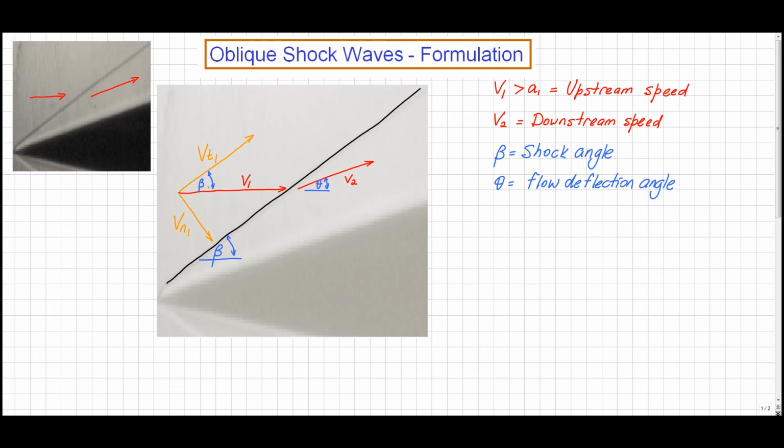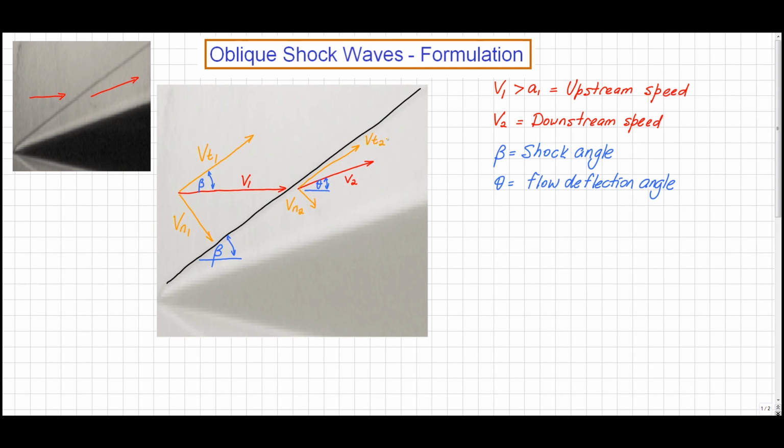Now let's put our components downstream of the shock. So the components of v2 downstream of the shock, normal and tangential to the shock. So normal to the shock, there's going to be a component of v2 there, which we'll call vn2, and then parallel to the shock there's going to be the tangential component, and we'll call that vt2.